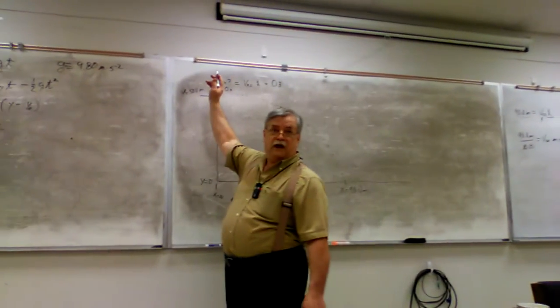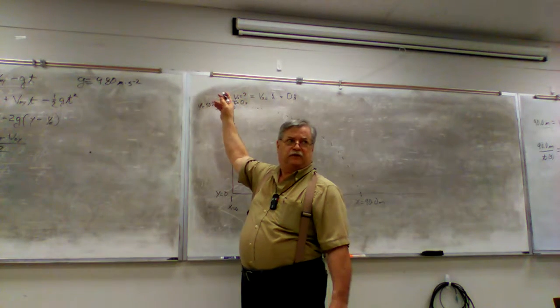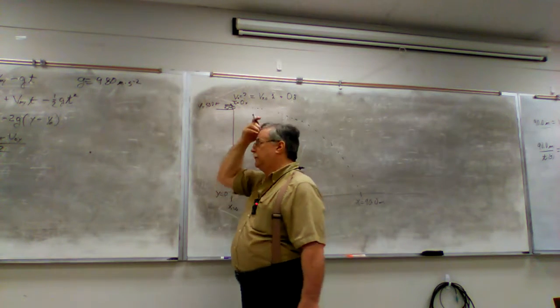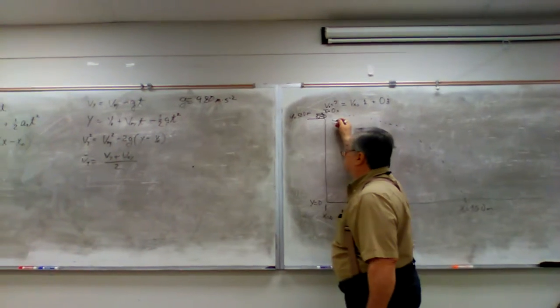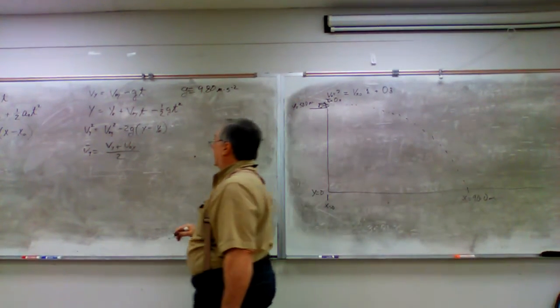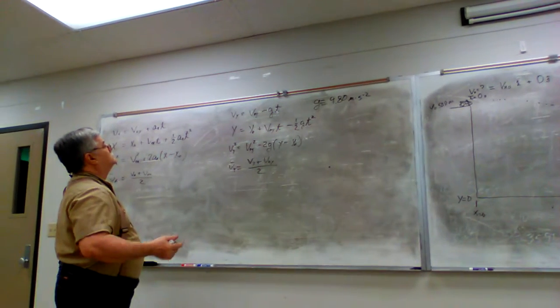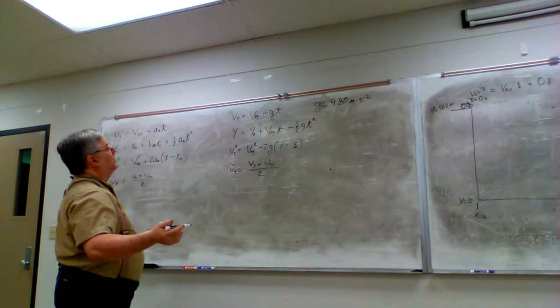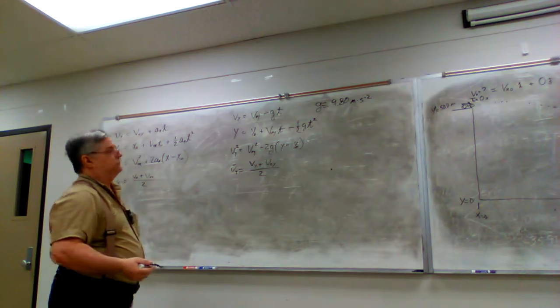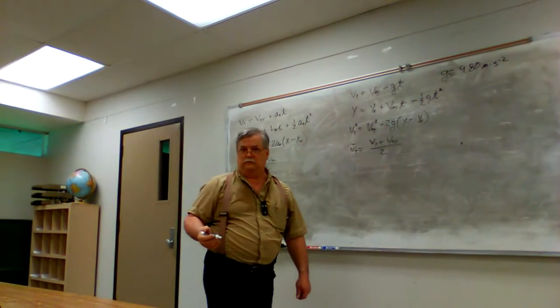So the first thing we have to find out is time. How much time do we have involved here? So that means there's only one equation up there that will give us time. Am I wrong?